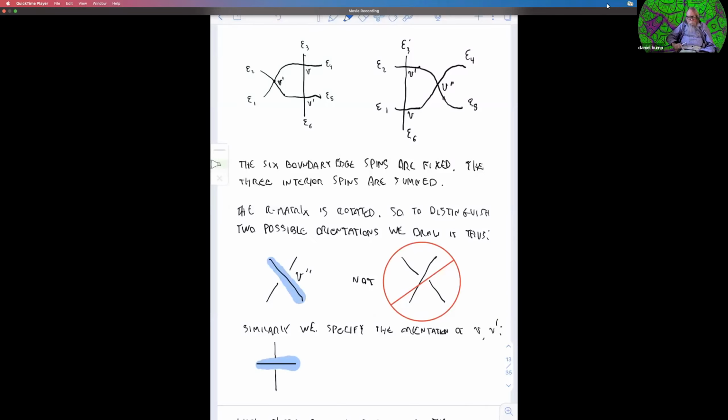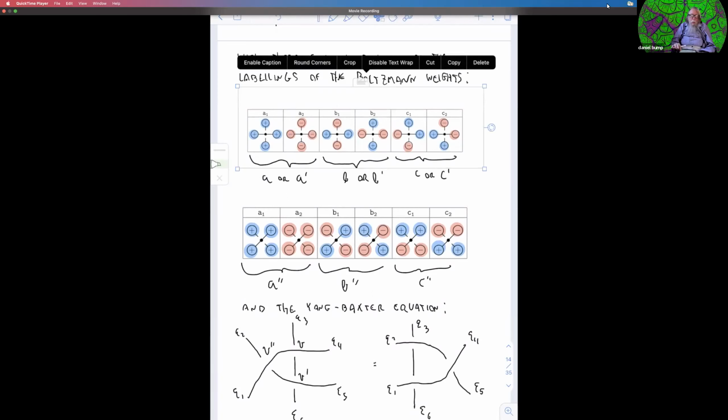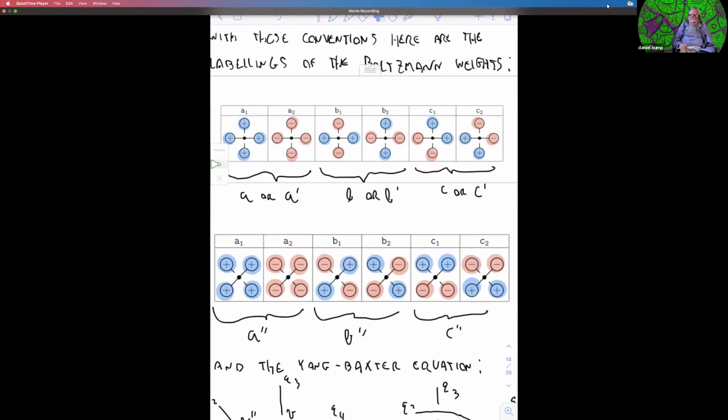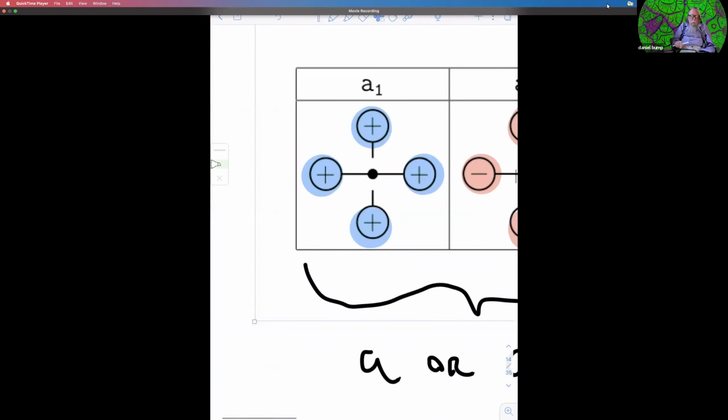So anyway, now I've drawn everything as an overcrossing and an undercrossing, and so I modify the pictures this way. I've drawn this so that it has an obvious orientation, and I do that also for the R matrix.